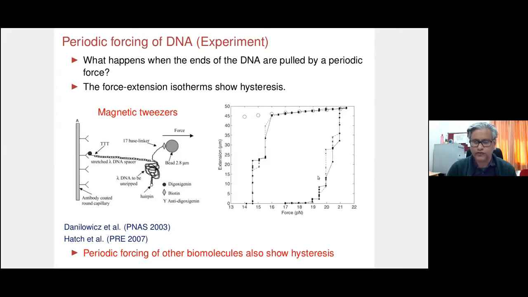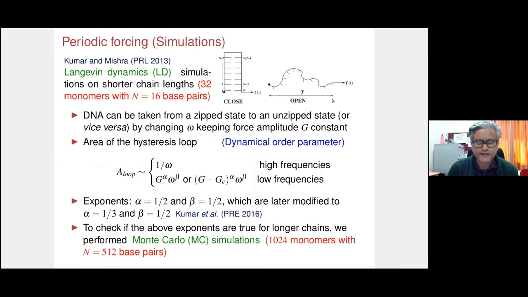So there are two different cycles of this unzipping and rezipping, shown here, and we can see that there is a hysteresis in this case. After that there have been many other studies of periodic forcing of other biomolecules. They also show hysteresis. The first study was by Sanjay Kumar, the previous speaker, and his co-workers.